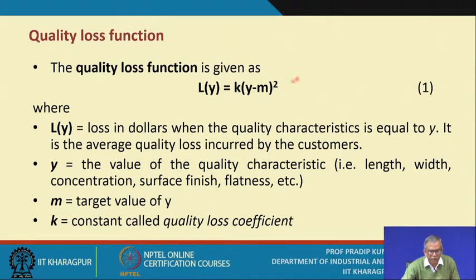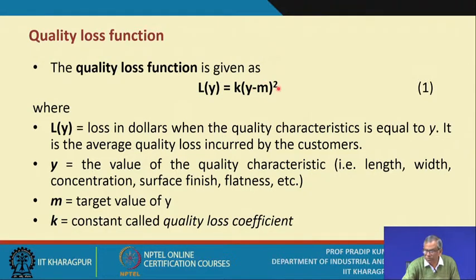Now, what is m? m is the target value of y, and k is the constant called the quality loss coefficient. How do you explain it? The loss is proportional to the square of the deviation of y from the target value.